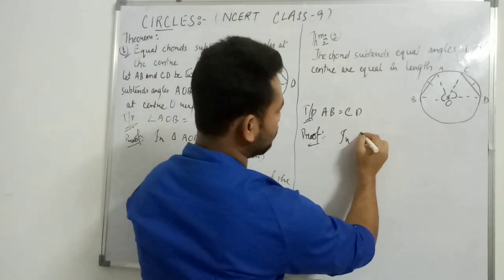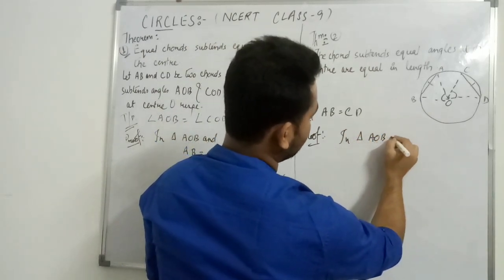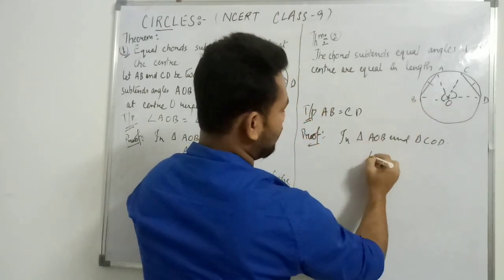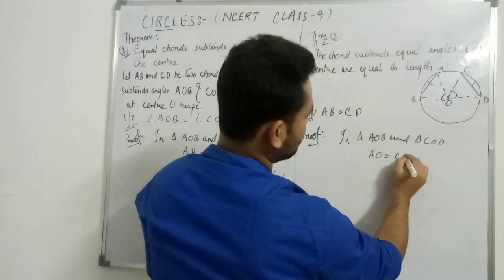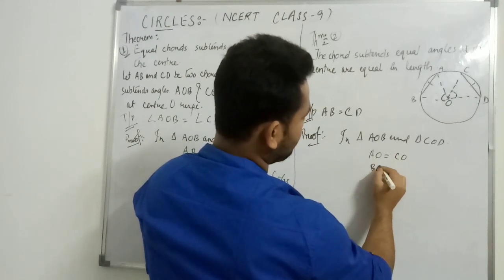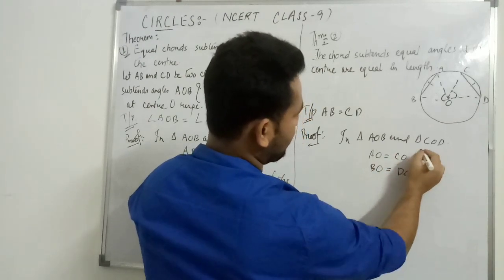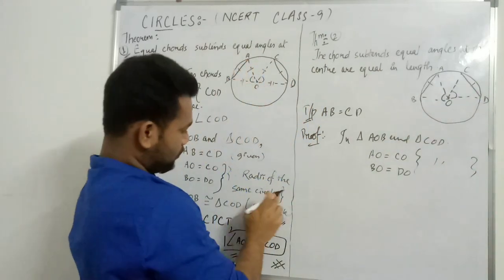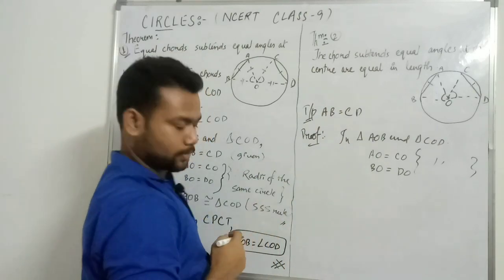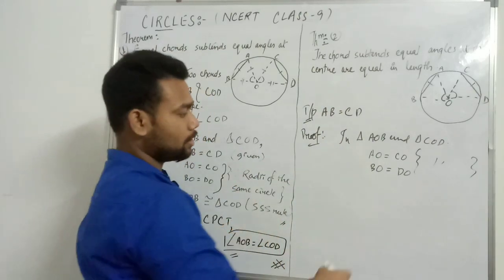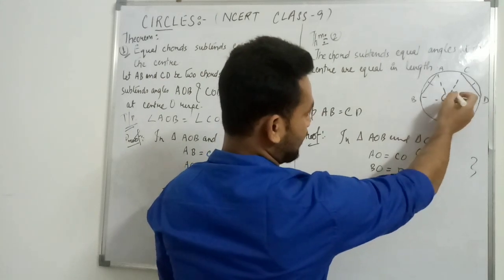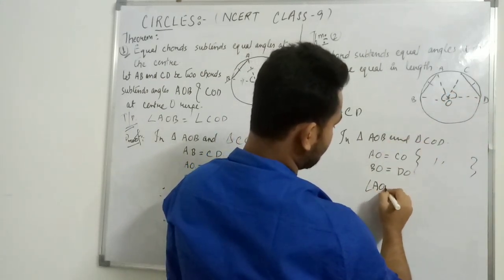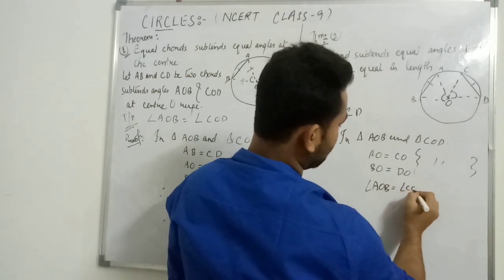In triangle AOB and triangle COD, AO equal to CO, BO equal to DO. Again, same reason, since they are the radii of the same circle, right? I hope you got it. Then finally, this angle is also equal. So what I will write? Angle AOB is equal to angle COD.